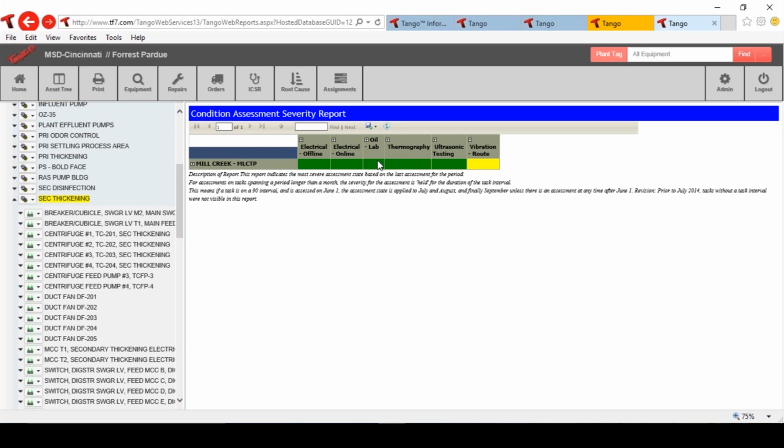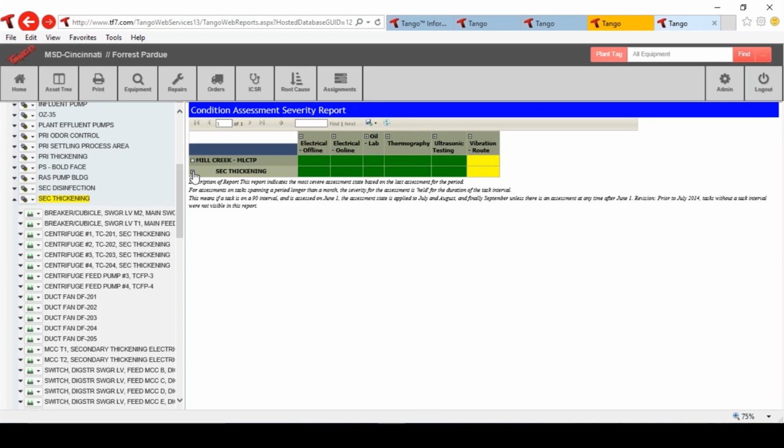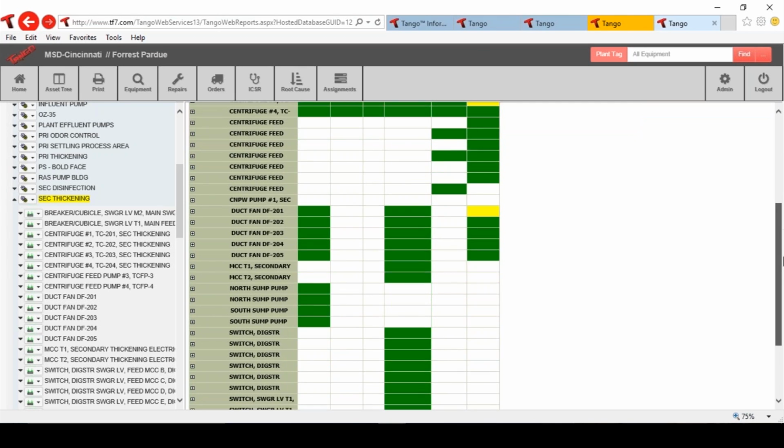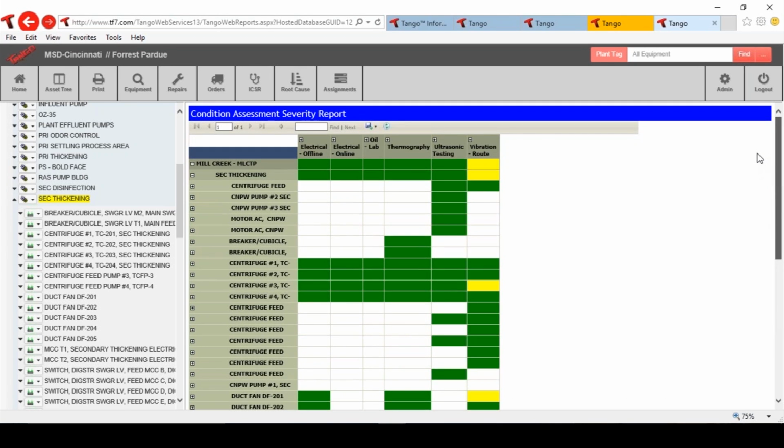They haven't had any oil problems. They haven't had any tomography problems. All green. So vibration has at least a yellow level of problem. Let's open this up. All right, so here are all the assets in that area, and now let's look at vibration.